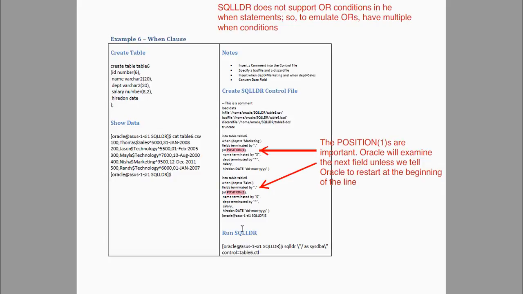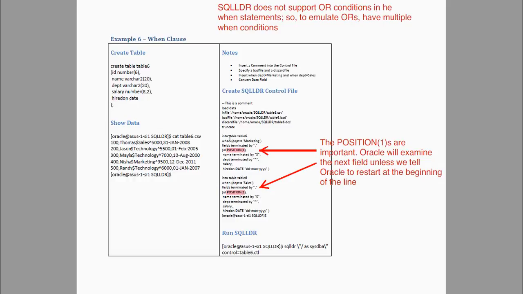And another thing to note is that when we start off here, we're using some relative positioning. We want to say position 1, and we want to say position 1 again. Because Oracle will evaluate the position where it is.